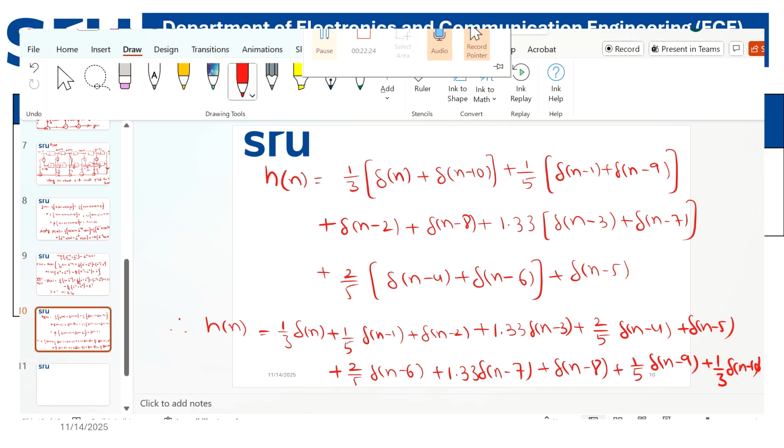And this is our final impulse response. So for the given circuit, the impulse response of the FIR filter is this one. Thank you.